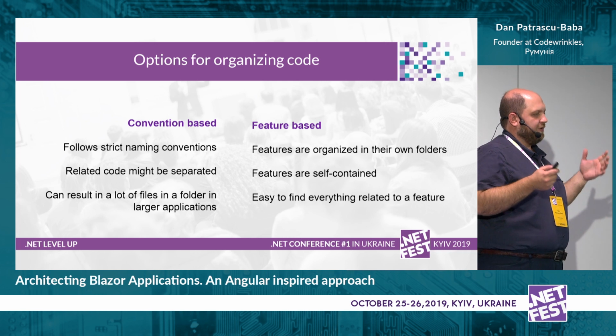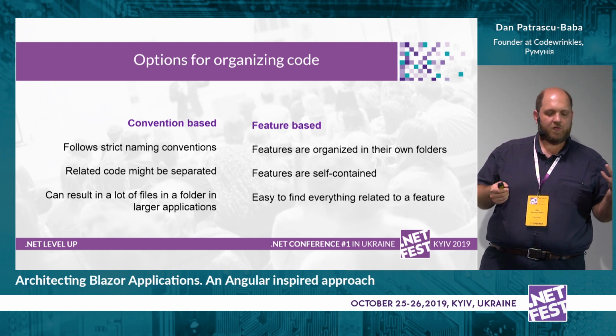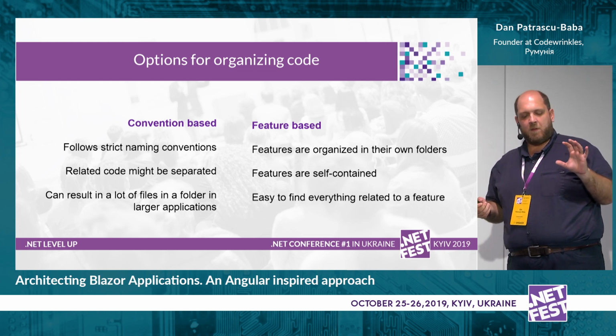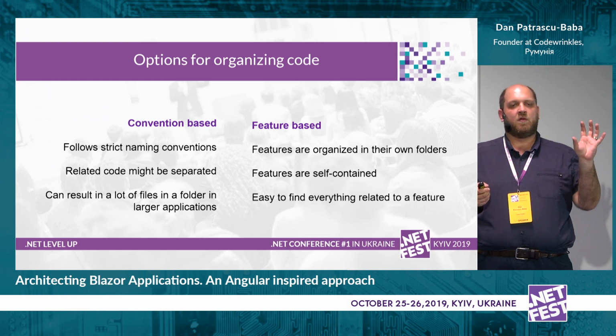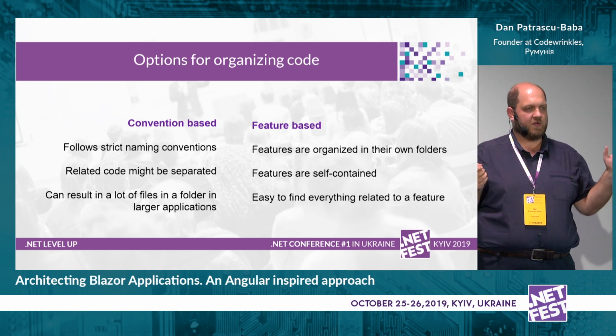However, even if we don't really realize it, because we are so accustomed to this model, it also has some problems, because we have related functionality that is separated into different folders.